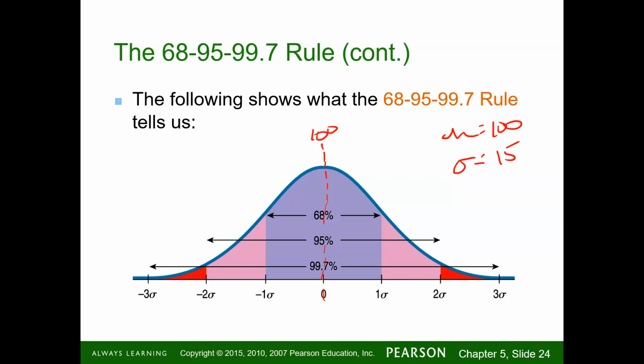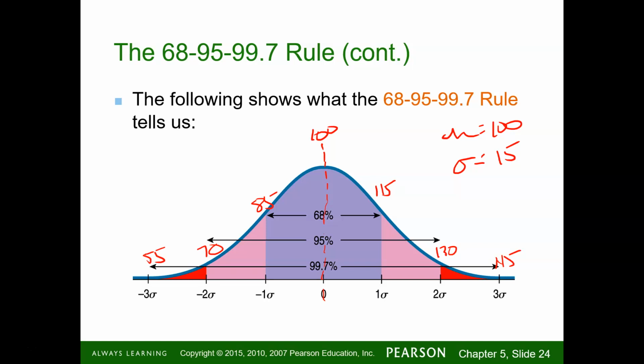One standard deviation above would be 115. 2 standard deviations above would be 130. And 3 standard deviations above would be 145. A standard deviation below would be 85. And then 2 standard deviations below would be 70, this right here. And 3 standard deviations below would be 55.